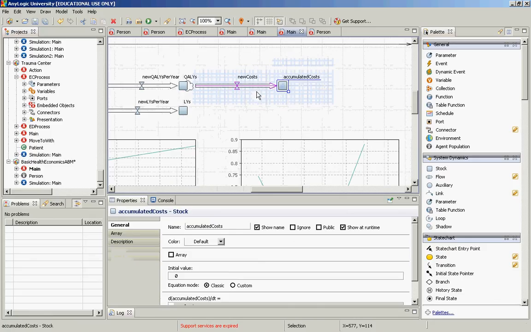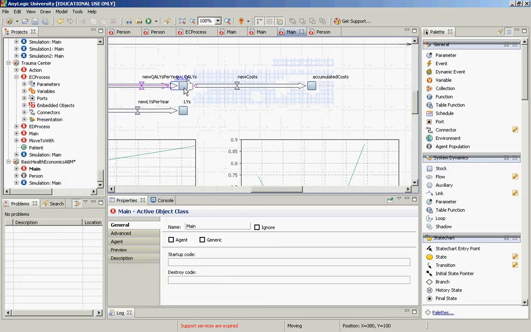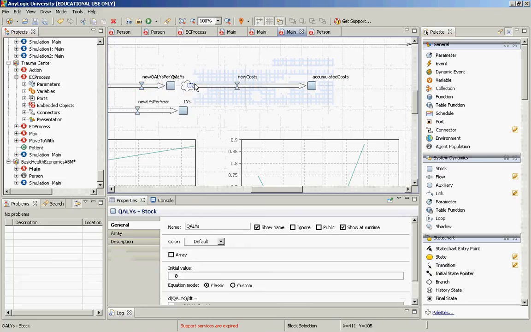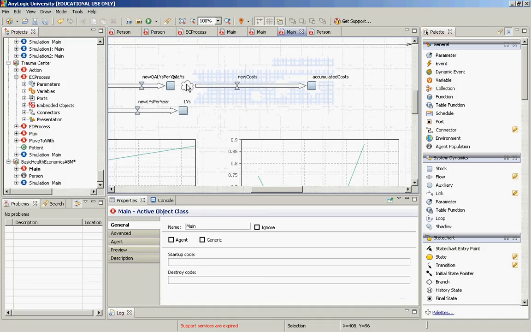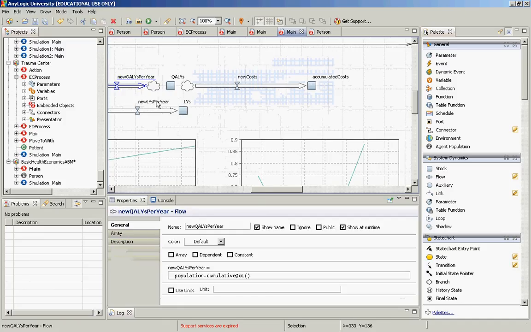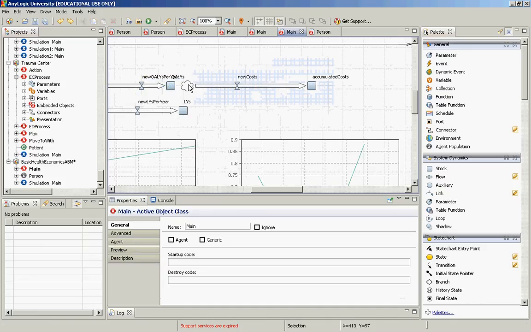Now, I don't like the fact that this is overlapping on the left with this other one, so I just want to see if I can drag this. Oh man. It's being somewhat truculent.